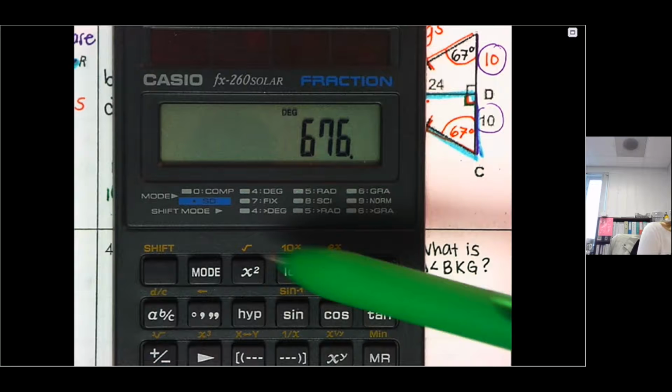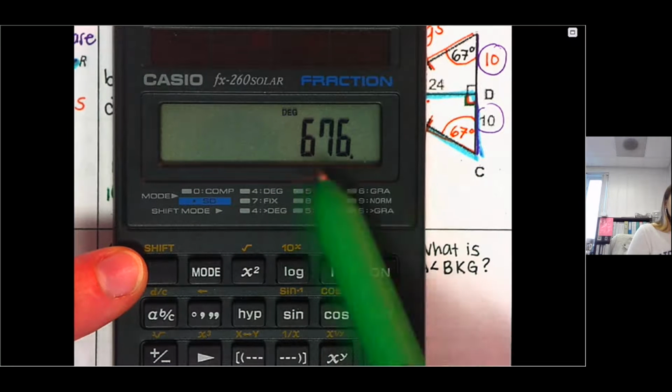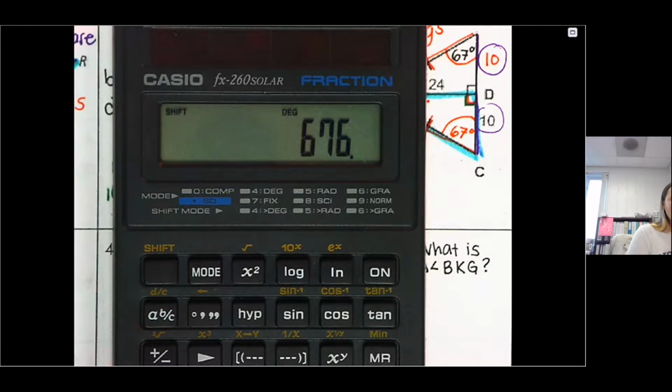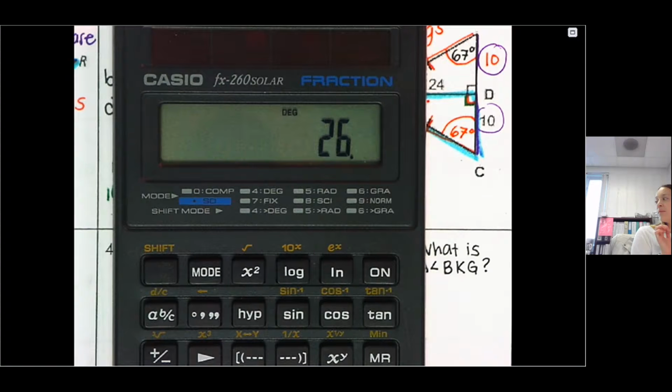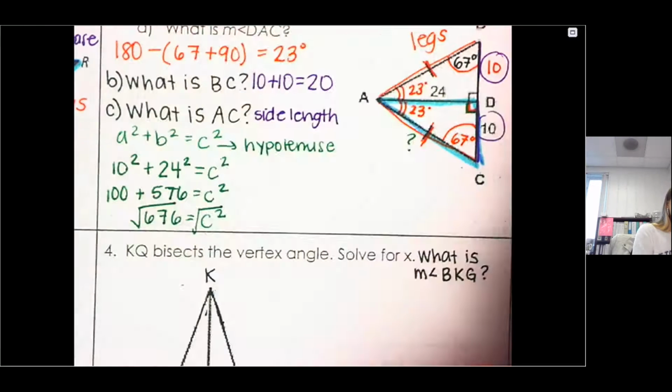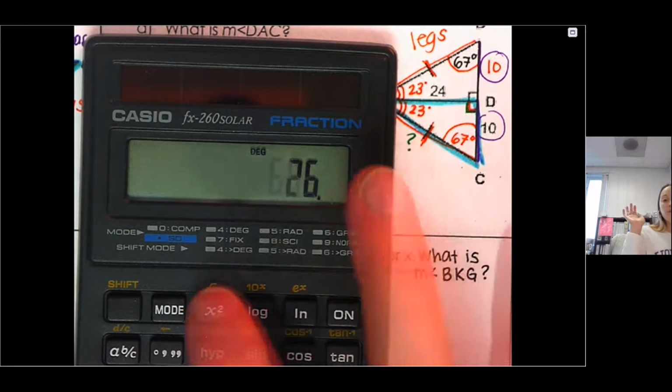Oh, they're the opposite. So if you see something on this calculator in yellow, you have to push the shift button first, and then you'll push X squared. So you've got 676, you push shift, and then you push X squared. So you're pushing them one at a time. 676, push shift and then let go, and then push X squared and let go.